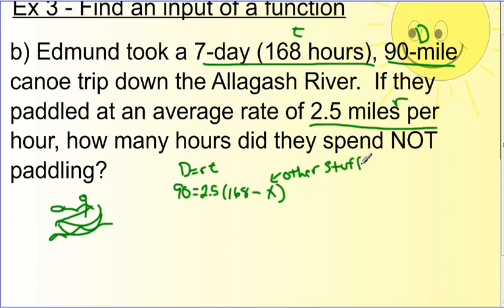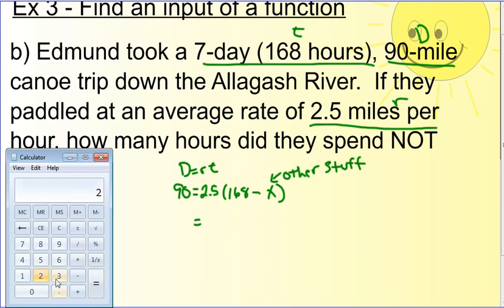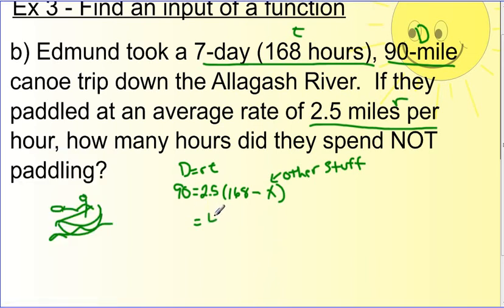So now we solve. We take 2.5 times 168 equals 420 minus 2.5x equals 90. Solve it.